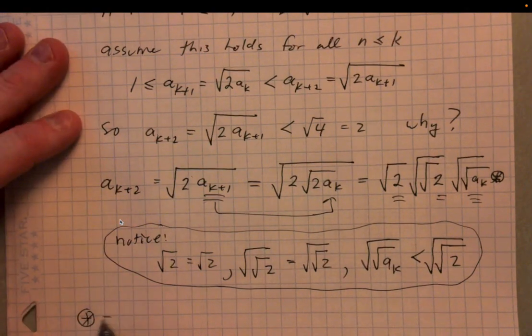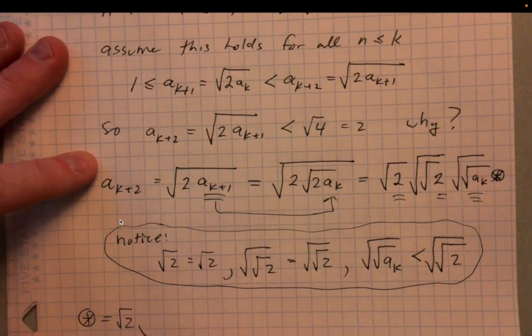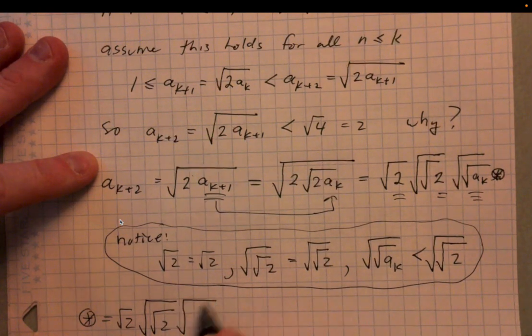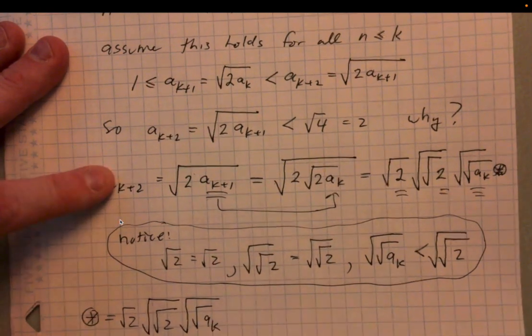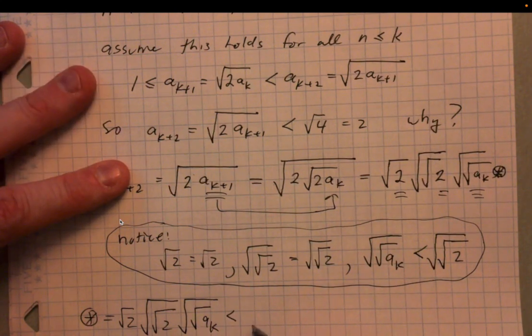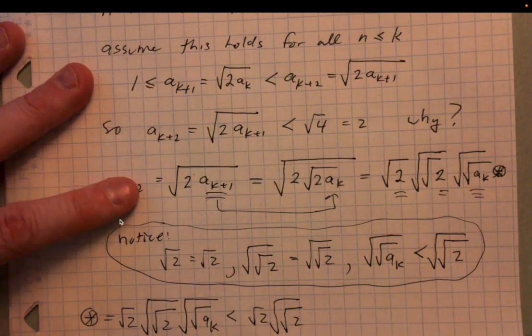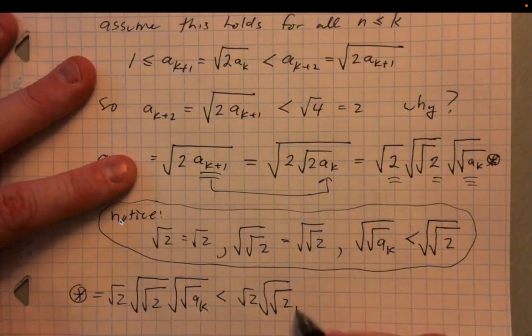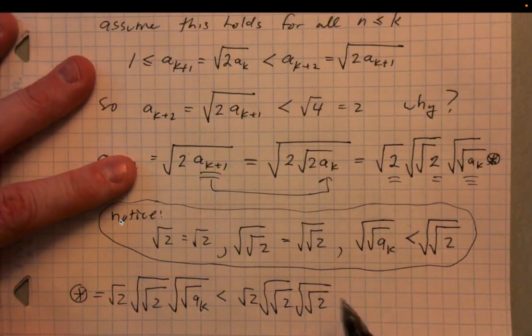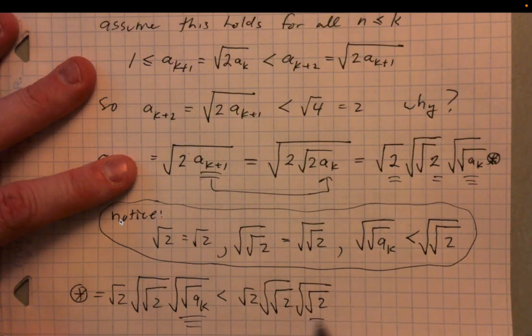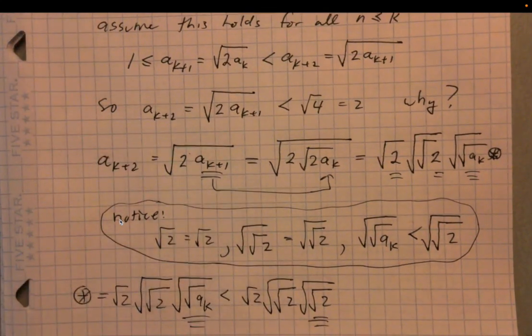The square root of 2 times the square root of the square root of 2 times the square root of the square root of a sub k must be less than the square root of 2 times the square root of the square root of 2 times the square root of the square root of 2. Specifically, we know that the square root of a sub k is less than the square root of the square root of 2 by induction.